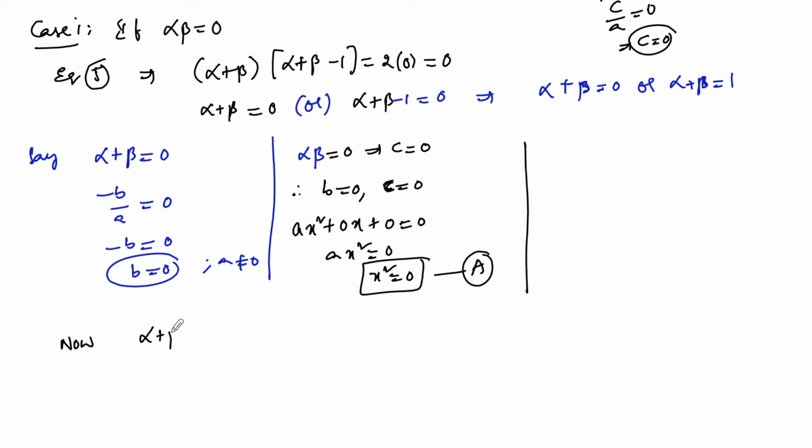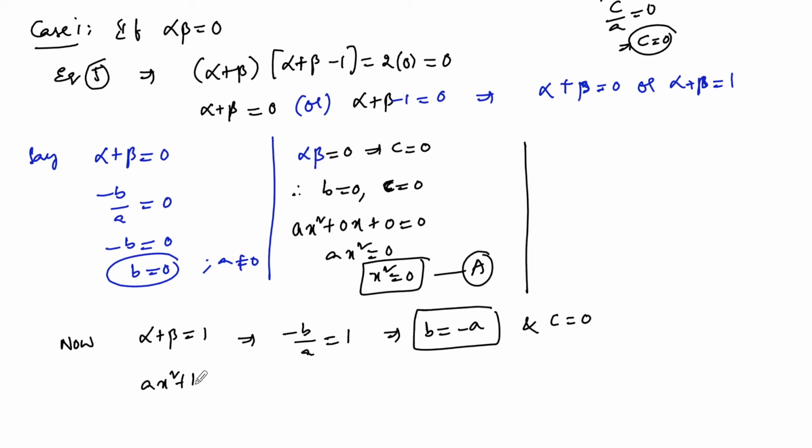consider alpha plus beta is equal to 1, in the case of alpha beta is equal to 0. So that is minus b upon a, which is equal to 1. So we can write b is equal to minus a. So we have b is equal to minus a and c is equal to 0. So what will our quadratic equation become in this case? ax square plus bx plus c equals 0 implies ax square, b is nothing but minus a, and c is equal to 0.